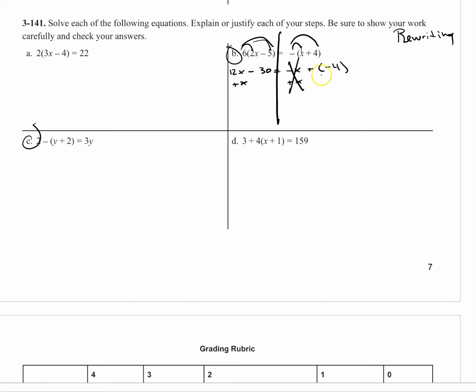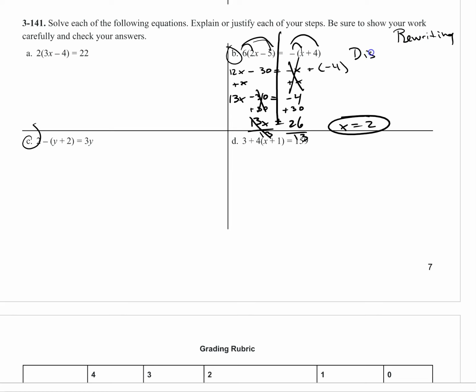Negative x plus x, 0. 12x plus x, 13x minus 30 equals negative 4. Isolate x, make x alone by adding 30 to each side. So we've got 13x equals, be careful, use a calculator if you have to, this is 26. And then divide both sides by 13. X equals 2.